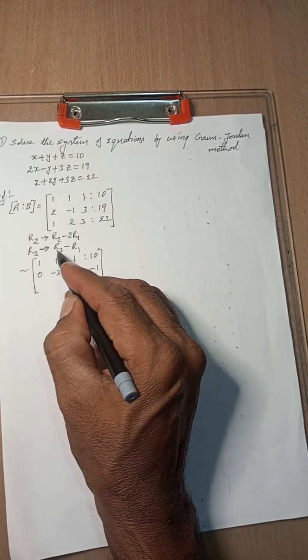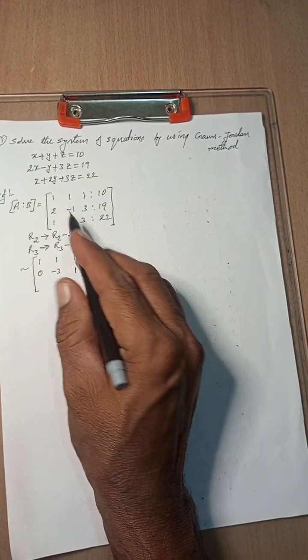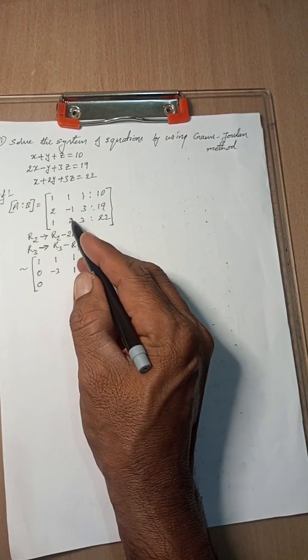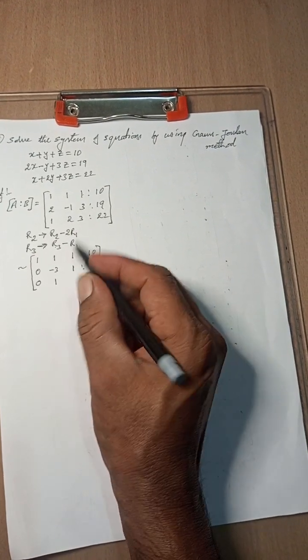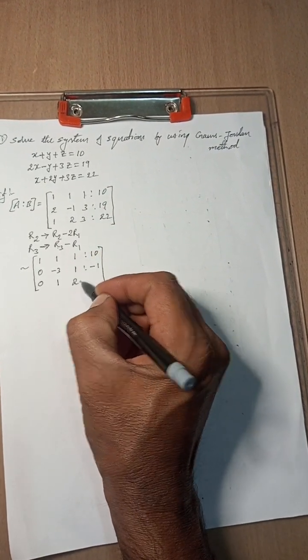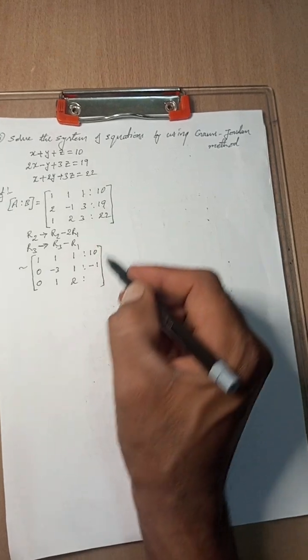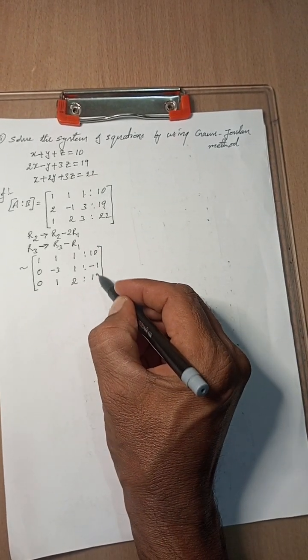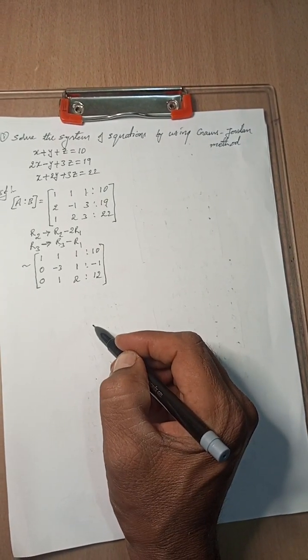Third row we change as R3 minus R1: 1 minus 1 is 0, 2 minus 1 is 1, 3 minus 1 is 2, and 22 minus 10 is 12. This is the resulting matrix.